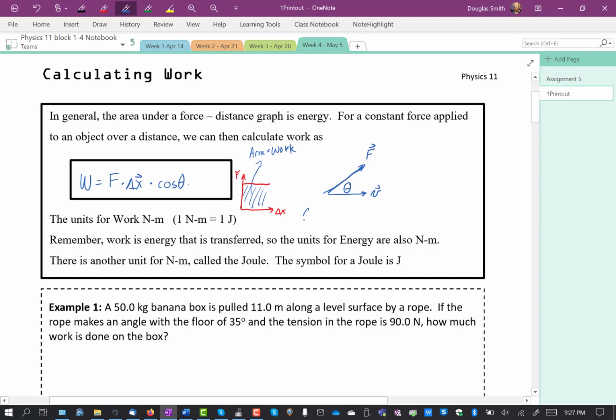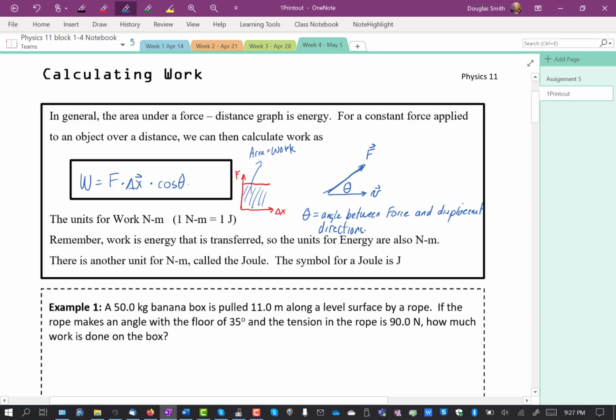Theta is the angle between the force direction and the displacement direction.